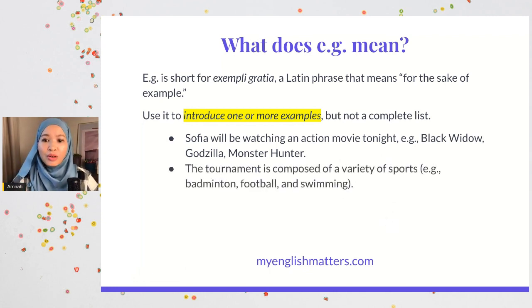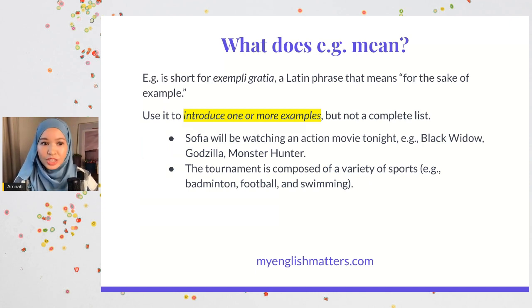Another example, the tournament is composed of a variety of sports, e.g. badminton, football, and swimming. So that means there are more than 3 sports in the tournament, and 3 of them are badminton, football, and swimming, because those are examples. Okay, so if I replaced e.g. with its meaning, it would sound like this.